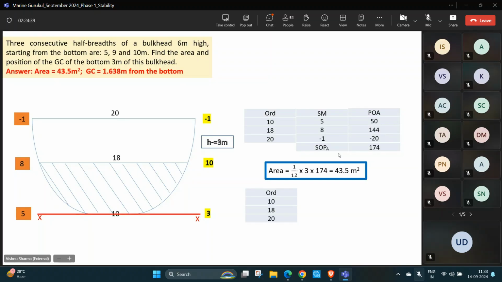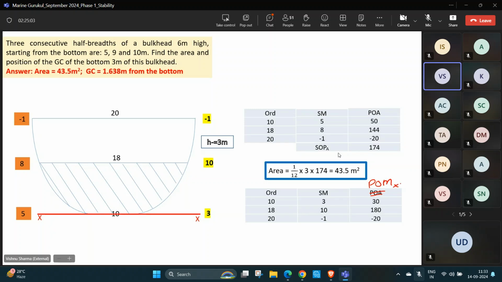Ordinate. I have written SM. If you want to write multiplier, it's okay, but usually we write SM only, but you can write multipliers, no problem. 3 10 minus 1. This will be the product of moment about XX. Now the axis comes into picture in my table with reference to the diagram. So this is POM XX.